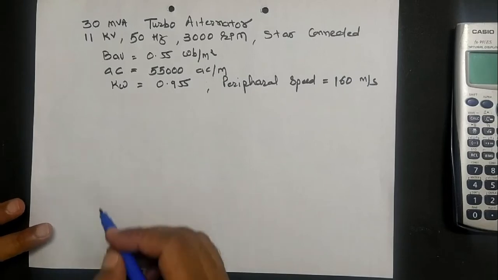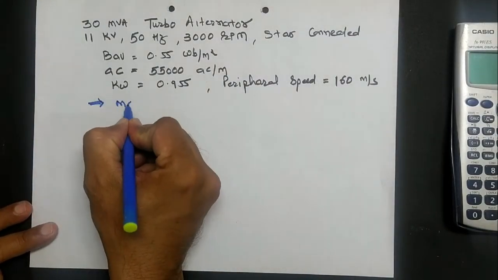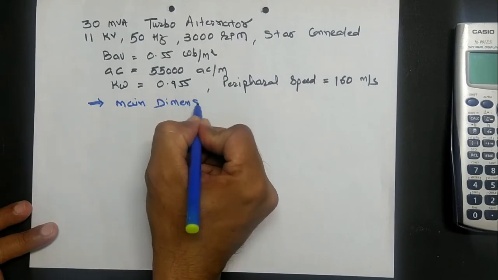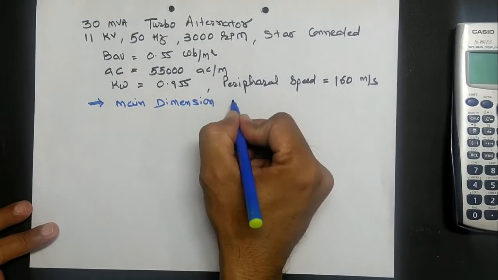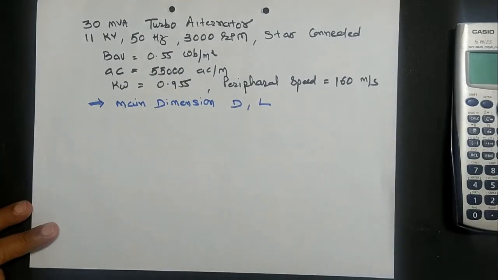main dimension. So we have to find out main dimension, that is D and L, that is stator bore diameter and stator pole length.